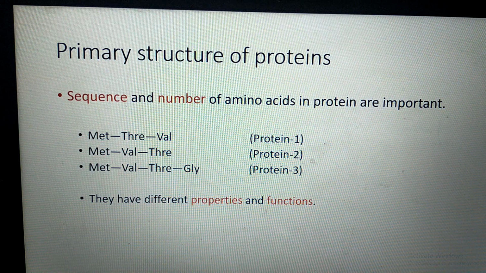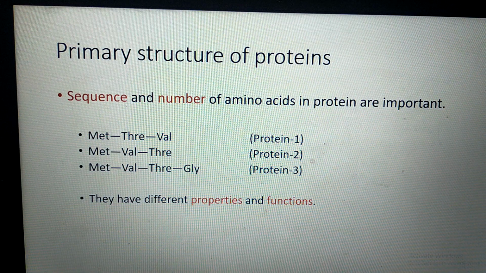For example, here I have given examples of 3 proteins. In protein 1 and protein 2, the amino acids are same, that is methionine, threonine, valine in first protein, and in second protein methionine, valine, threonine. The amino acids are same, but sequence of amino acids is different.